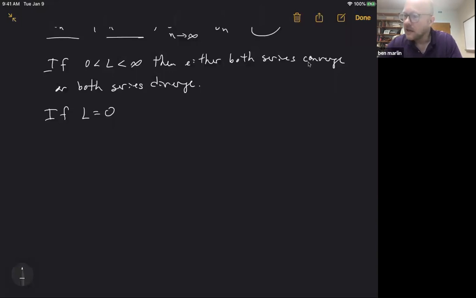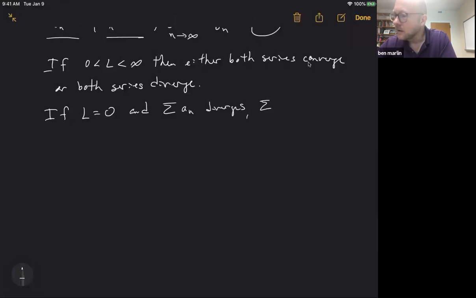So then you can say if L equals 0 and you know something else. Let's say that the summation of the a_n's, that's the ones on top, if that diverged, okay? So the ones on top diverge, but have a smaller growth rate than the ones on the bottom.